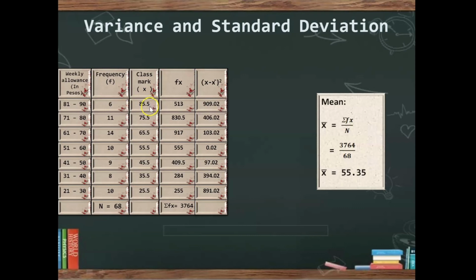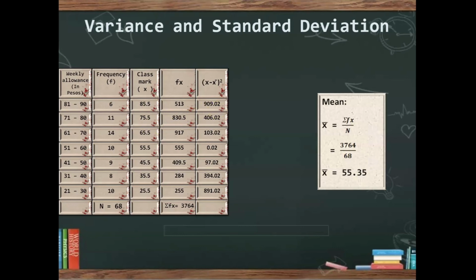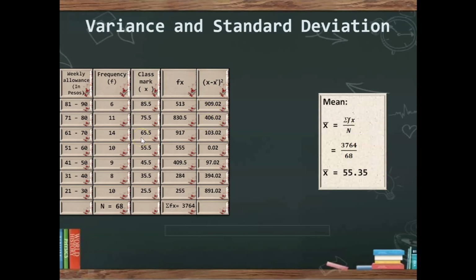So, 85.5 minus 55.35, squared, is equal to 909.02. 75.5 minus 55.35, squared, is equal to 406.02. 65.5 minus 55.35, squared, is equal to 103.02. Hanggang makuha na lahat ng value dito sa (x minus mean) squared.